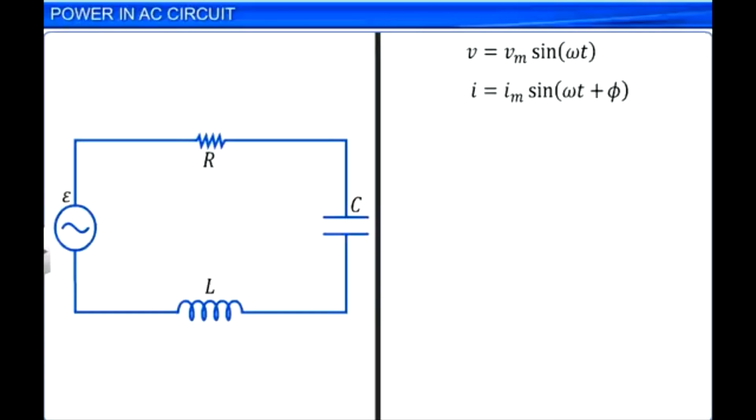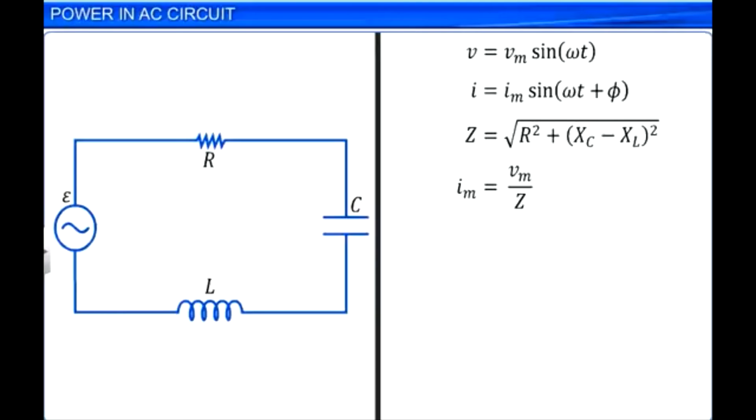We know that in an LCR AC circuit, impedance Z is equal to the square root of R square plus (XC minus XL) square, and Im is equal to Vm by Z. Here, XC is the capacitive reactance and XL is the inductive reactance of the circuit.